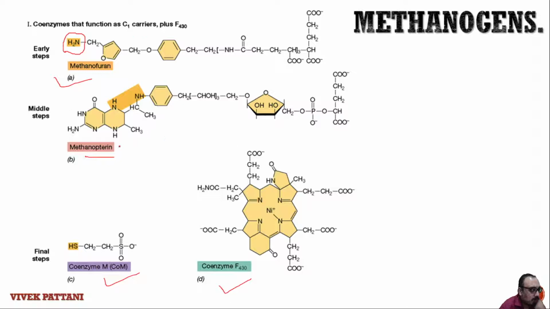These are the coenzymes which function as carbon carriers. Repeating the names again: methanofuran, methanopterin, coenzyme M, and coenzyme F430.